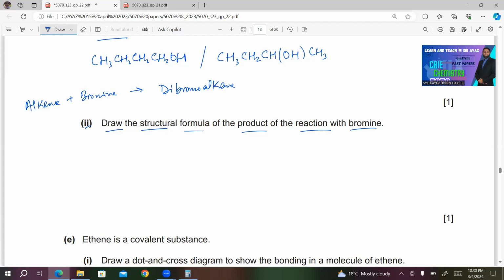So here we are having butene. So 2 bromine atoms will be added to carbon 1 and carbon 2. So the structure formula will be CH3, CH2, CHBr, CH2Br.